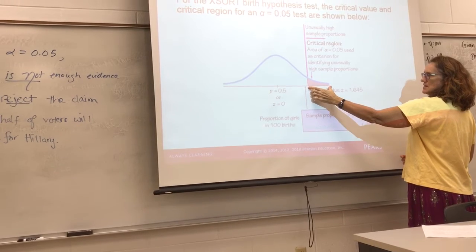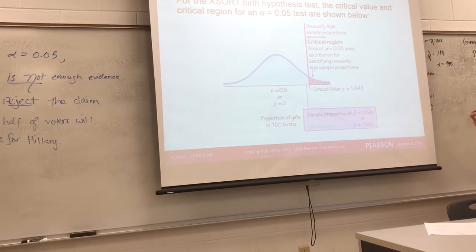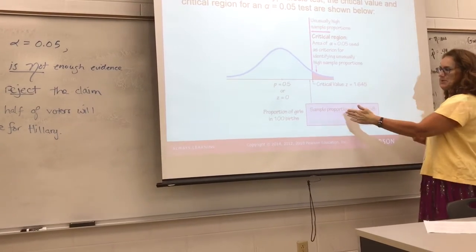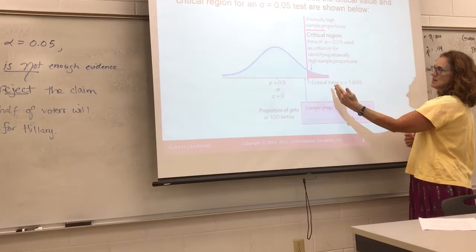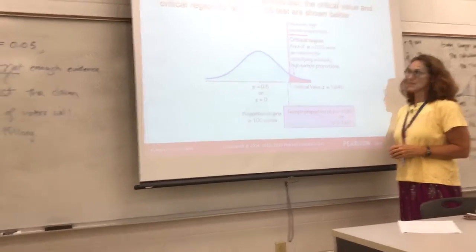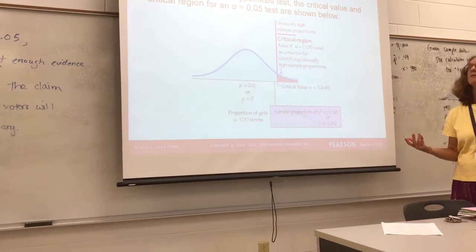So this region is sometimes called a critical region or a rejection region. If your sample statistic is in that region, beyond that critical value, then that would correspond to too unlikely to believe.